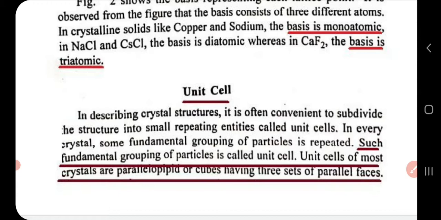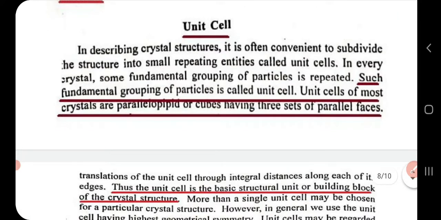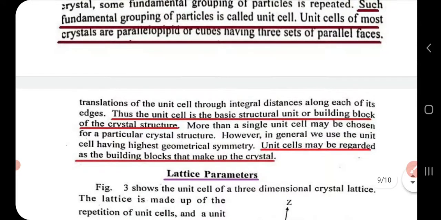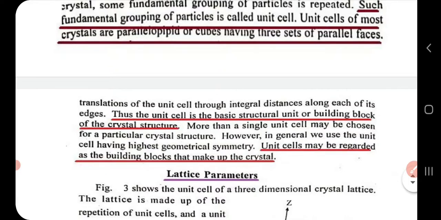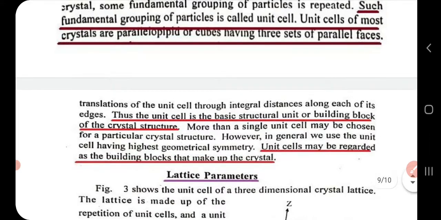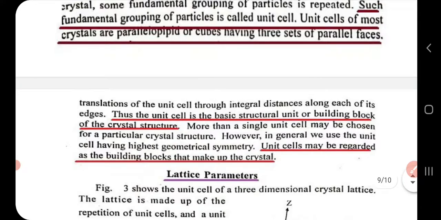So you can study either of these two definitions. Unit cell is the fundamental or the basic building block of a crystal, or it is the smallest volume cell which, when arranged in three dimensions in a regular fashion, generates the entire crystal structure.